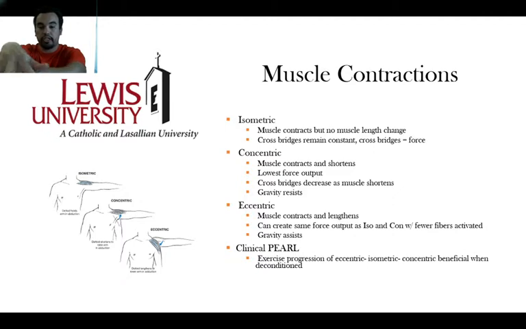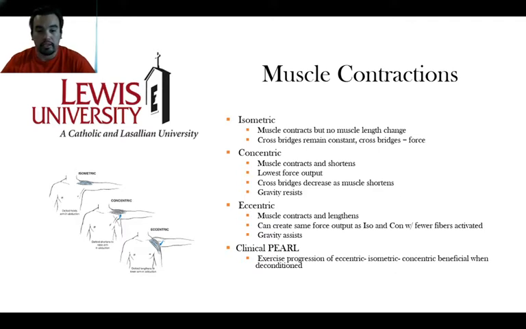I'm getting a contraction, but I'm getting no shortening of the muscle because that table is not going to move. I'm not strong enough. I can't create enough force to push into the table so that it deforms the table and my muscle starts to shorten. So it would just sit here and contract, but it would not change length. That's what an isometric muscle contraction is.